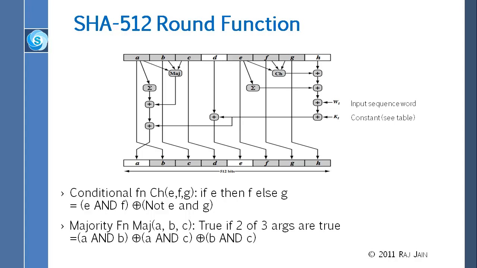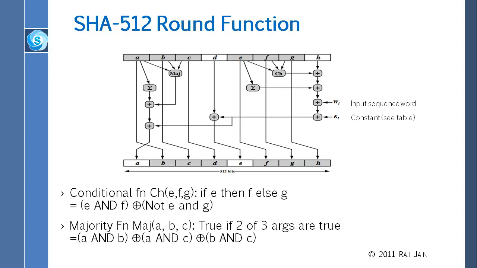Basically you write down A, B, C, D, E, F, G, H. Each of these is 64 bits for SHA-512. Then you take A and put it into the B position.